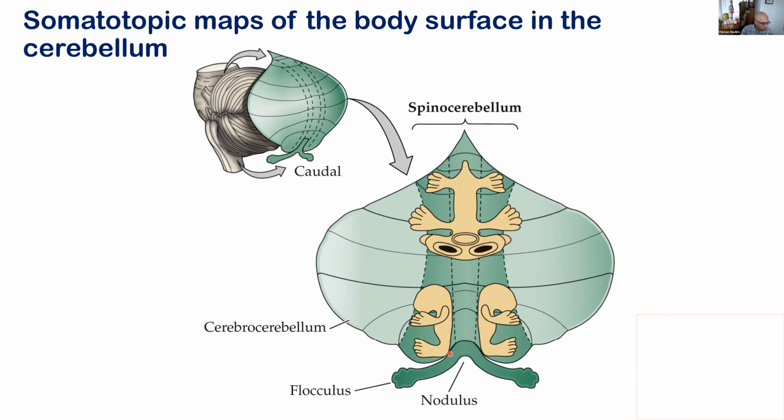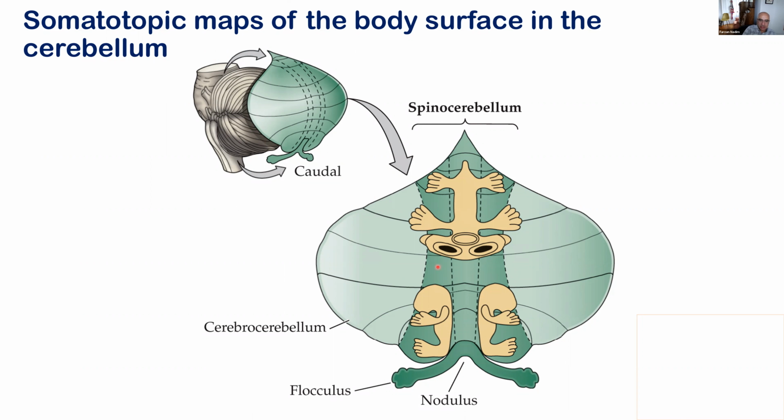If you want to control movement, you better know what the state of the muscles is. And who better reports the state of the muscles than the stretch receptors and the Golgi tendon organs. So all of these are projecting and reporting to the cerebellum the length of each muscle and the tension of each muscle.